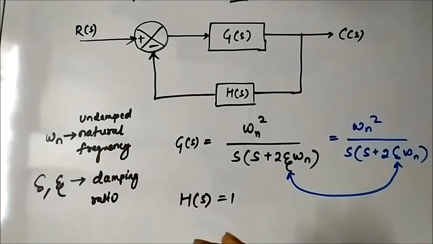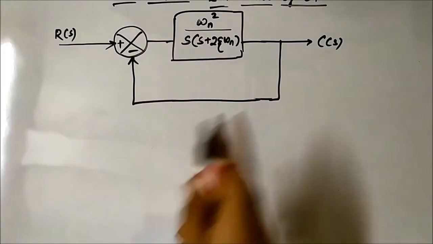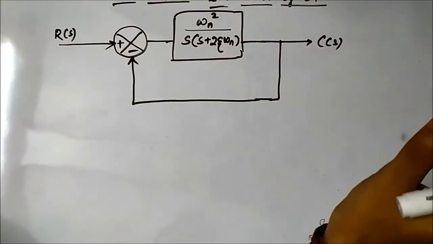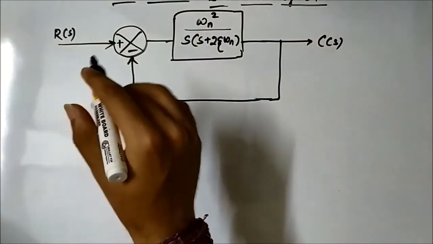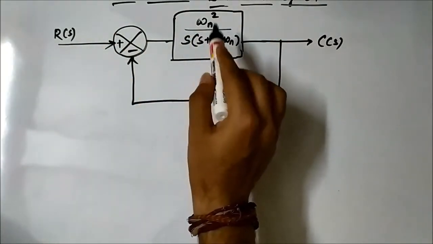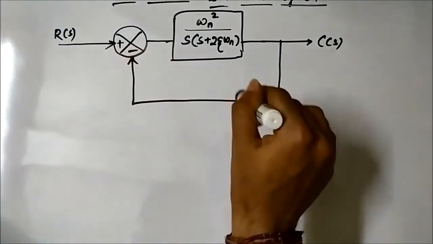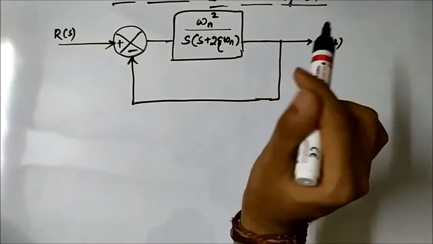What is damping ratio and what does it mean in its physical significance? So this is the basic layout of a second order control system, with this being the forward path gain and this the unity negative feedback.